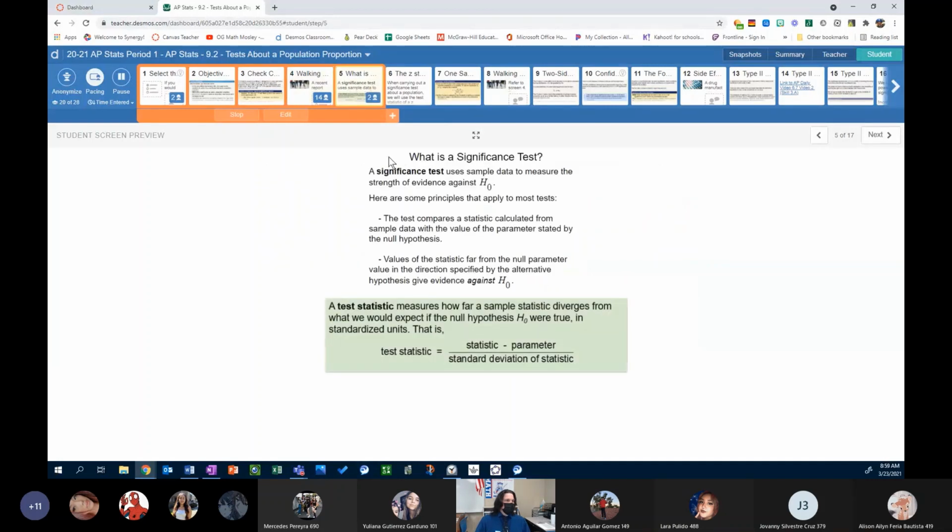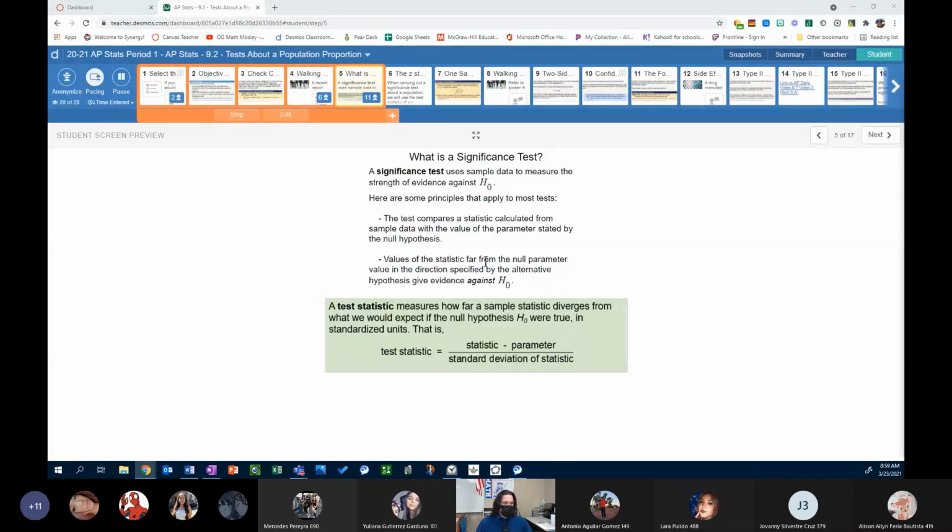All right, so what is a significance test, right? We've previewed what this is in section 9.1. A significance test uses sample data to measure the strength of evidence against H0, our null hypothesis. There are some principles that apply to most tests. First, the test compares a statistic calculated from sample data with the value of the parameter stated by the null hypothesis.